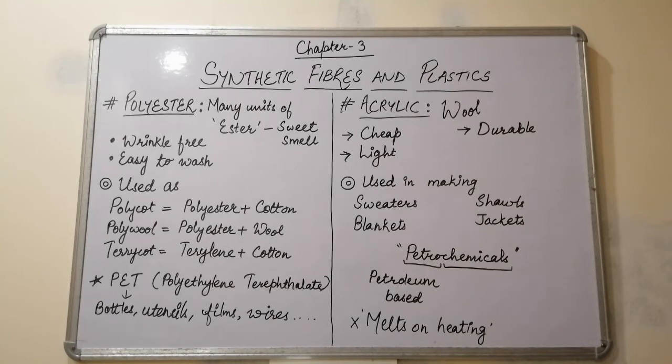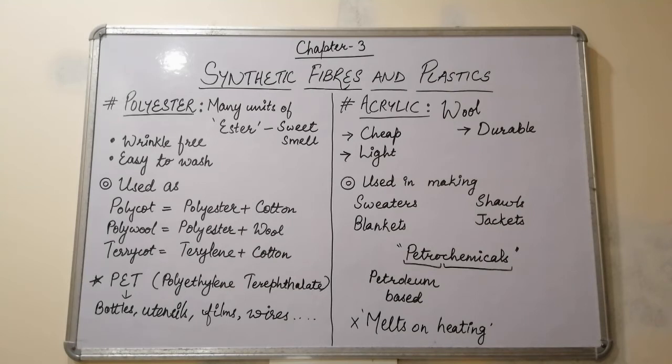Then there is a term petrochemicals, which is associated with all the synthetic fibers. Now the term petrochemicals is divided into two parts, petro and chemicals. So chemicals means the same kind of chemical. Which kind of chemical? The petroleum based chemicals. Petroleum substances are those that we get from refining petrol.